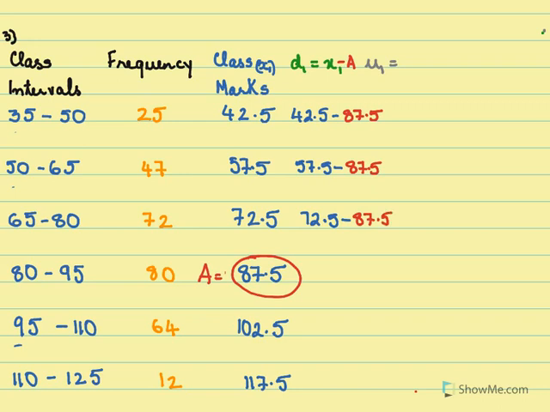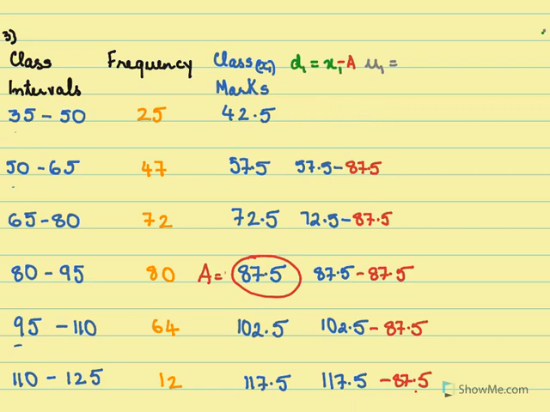Next, we have 87.5 minus 87.5. Then 102.5 minus 87.5. And for the last, 117.5 minus 87.5. So each xi minus the assumed mean.